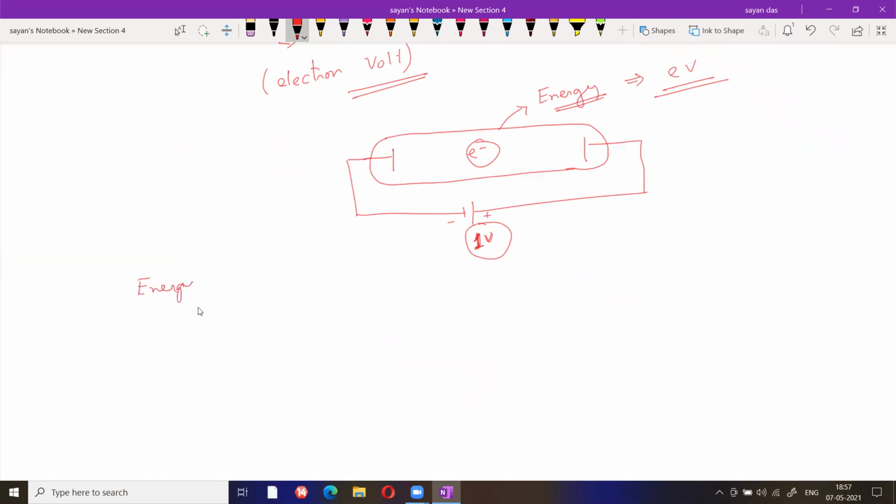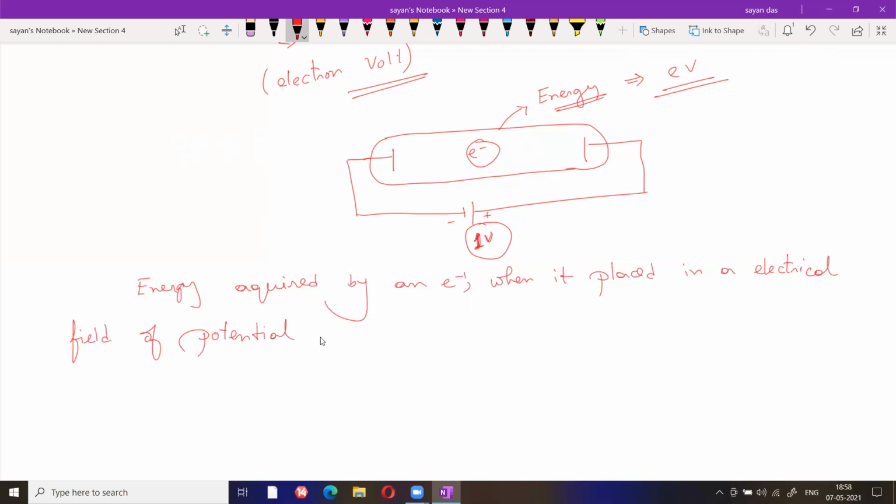Energy acquired by an electron when it is placed in an electrical field of potential difference of 1 volt.